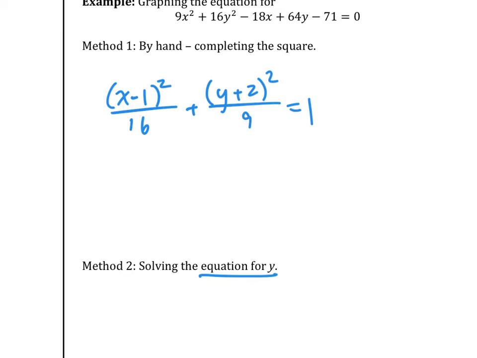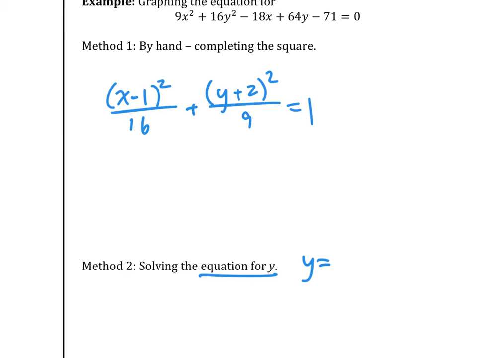Because the graphing calculator has to graph something that is y equals. And since this equation is not a y equals, you cannot graph it. So how do we change that to a y equals equation? Of course, you can start from here and just solve for y. Definitely that works. But we can actually get there faster by starting from this equation.